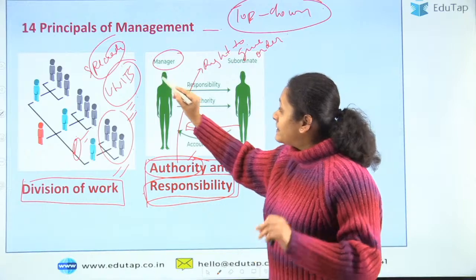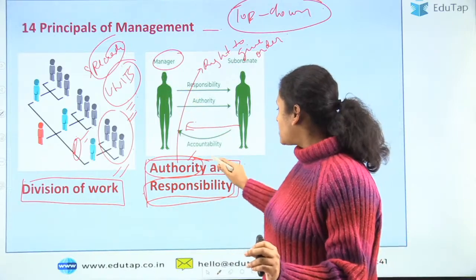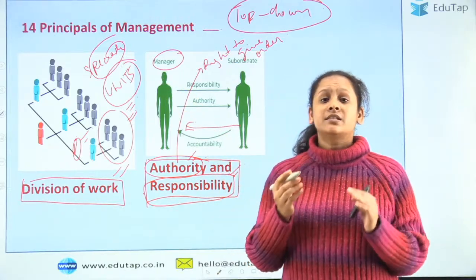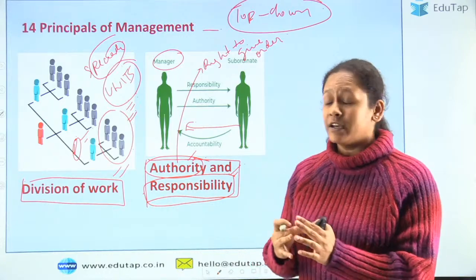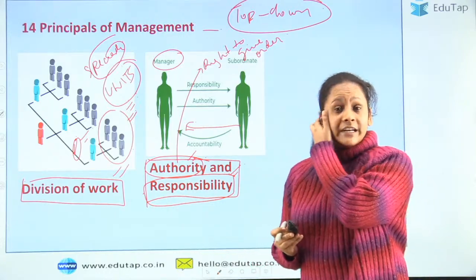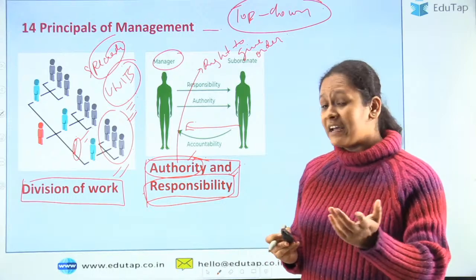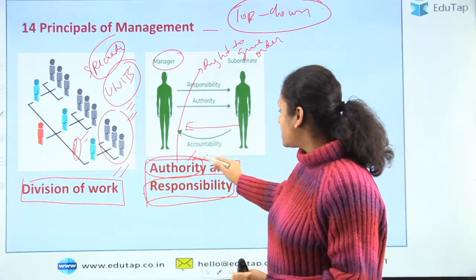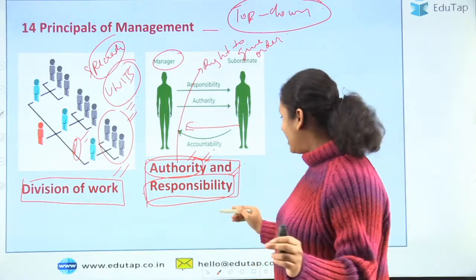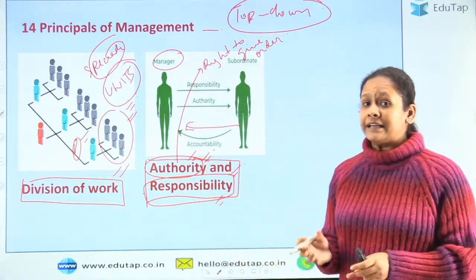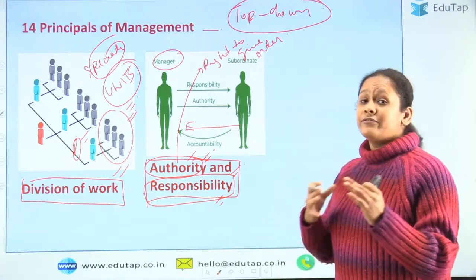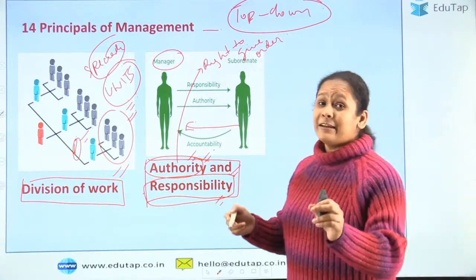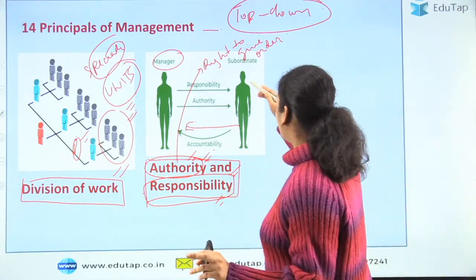Now please keep in mind that this concept of authority and responsibility go hand in hand. What do I mean to say when I say authority and responsibility go hand in hand? I simply mean to say that whenever there is authority, parallelly there will be responsibility. Now, there can be two types of authority which are possible.